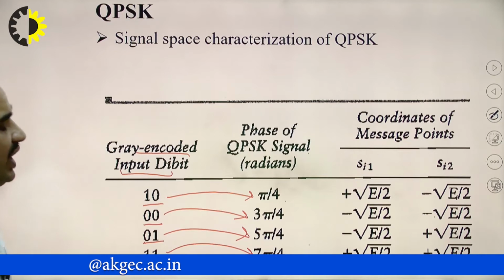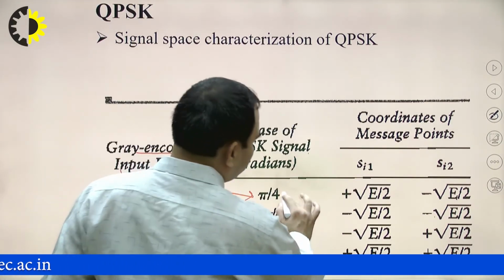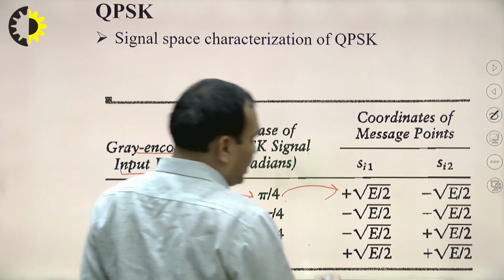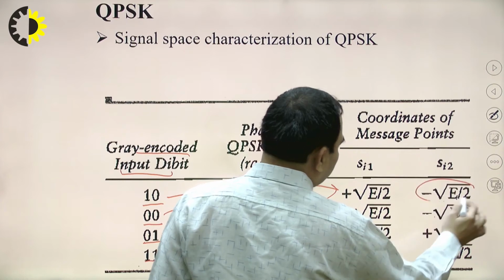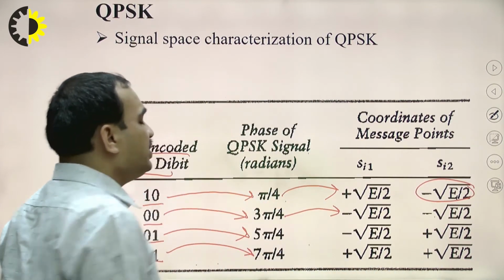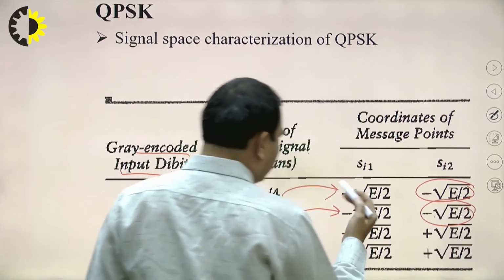So accordingly we are having the message points or the symbols given by, pi by 4 can be written as plus root E by 2 and minus root E by 2. Here 3 pi by 4 is written as minus root E by 2 and minus root E by 2. Only the signs are changing.